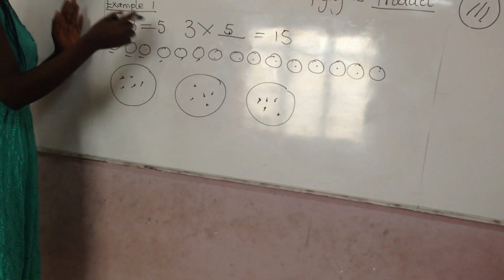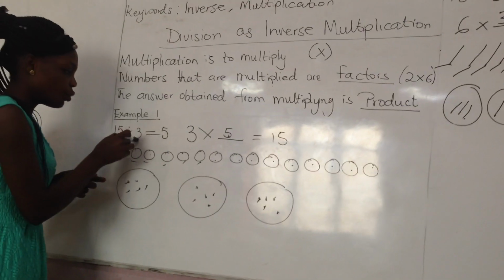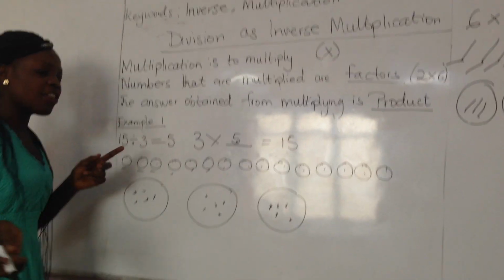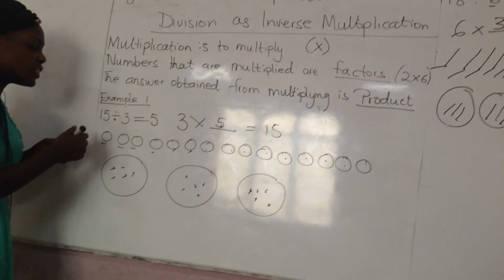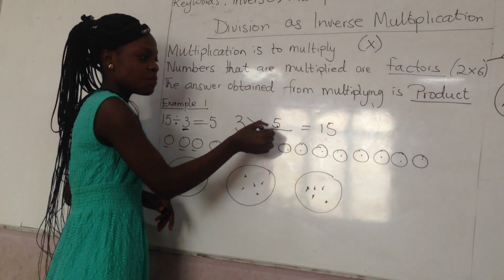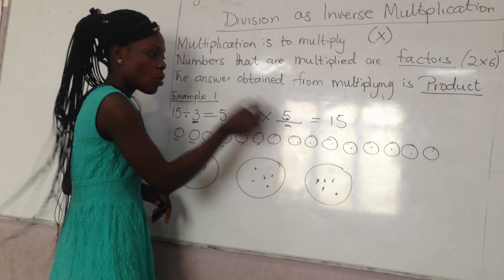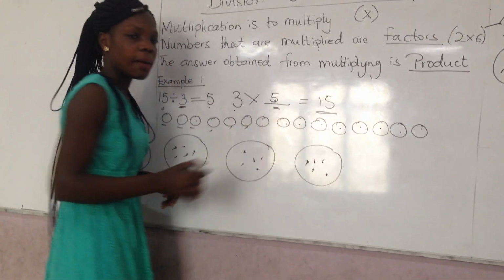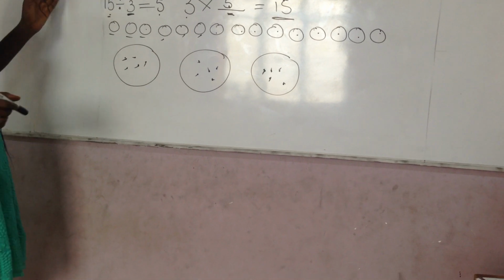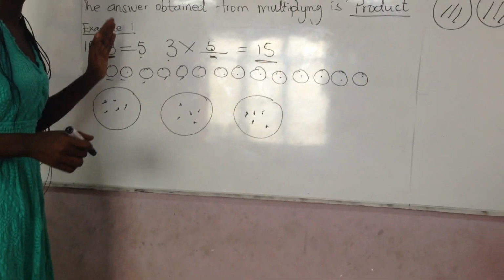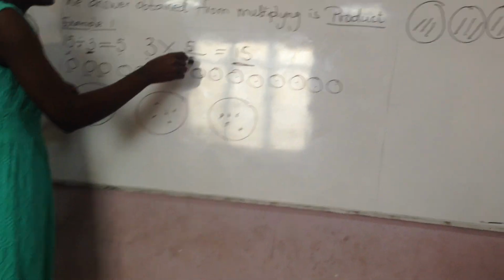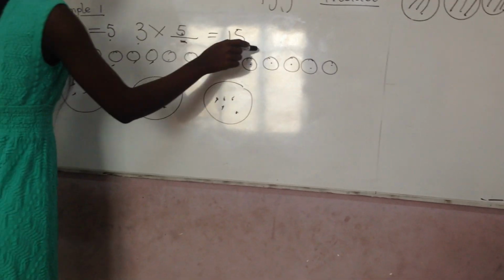We have the example 15 divided by 3 equals what? We don't know, so you have to use the multiplication sign. Whenever you are using the multiplication sentence, start with the number in the middle, the divisor, times what you don't know, equal to the first number, the dividend.